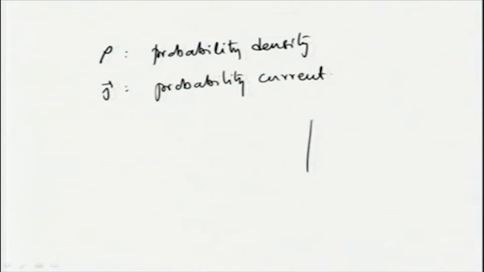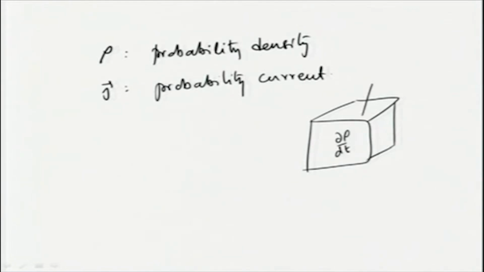The interpretation is this: if you consider a small volume, say a small cube, the rate of change of probability density inside the volume is the same as the divergence of j, which, because of the divergence theorem or Gauss's theorem, corresponds to the flux going out of the surface of the volume.